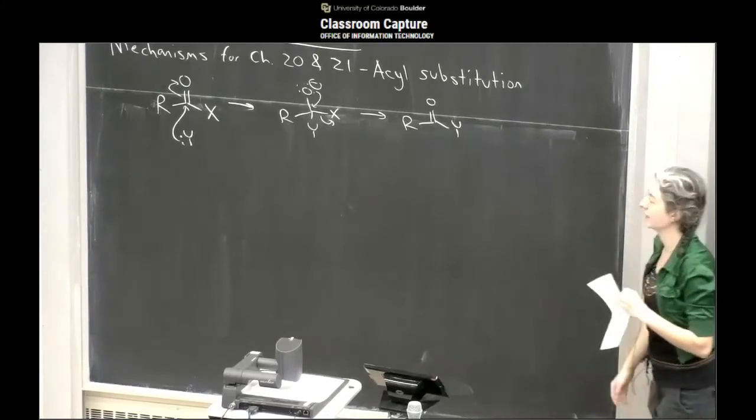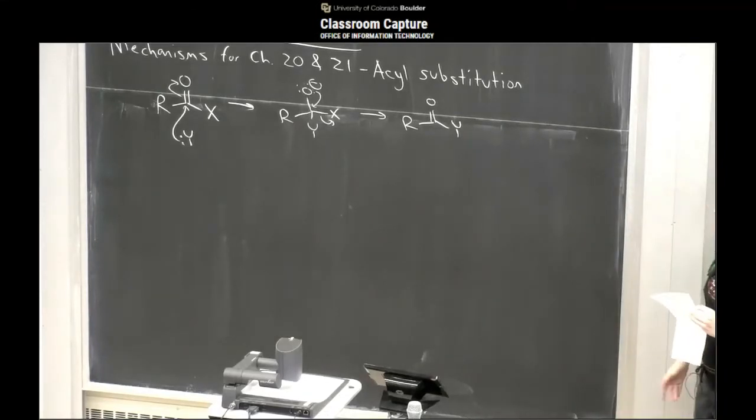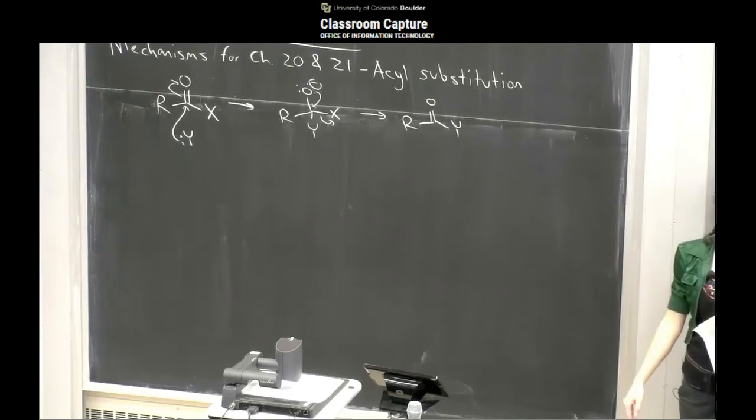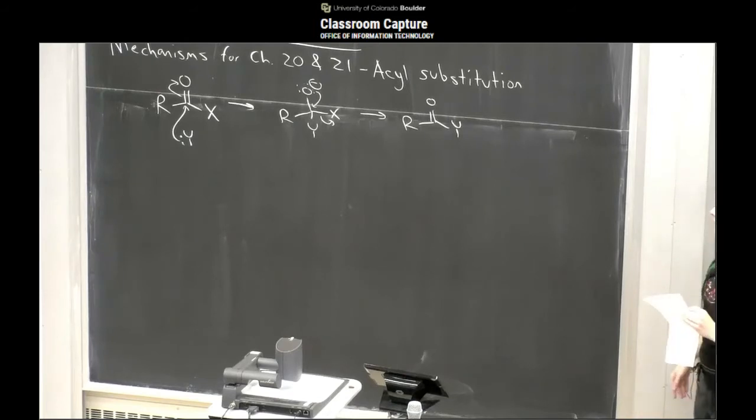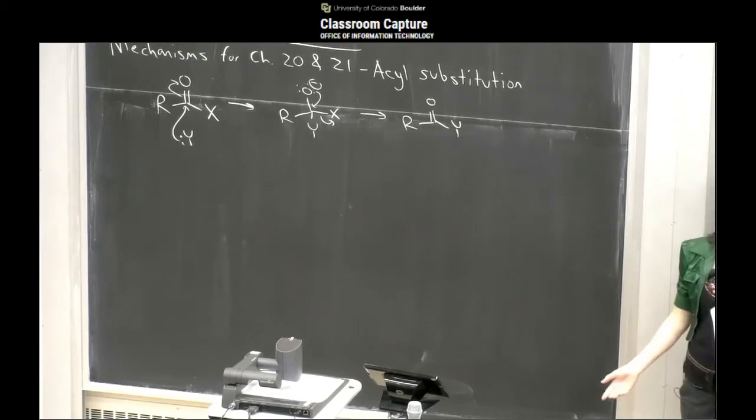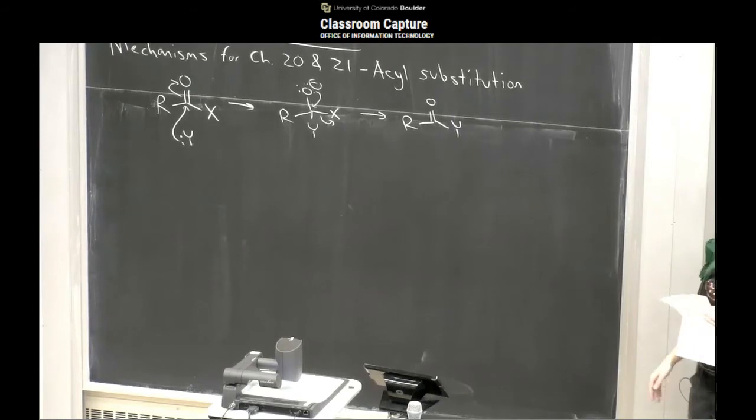As long as you're keeping an eye out for that trend, you can sort out the protonation states based on what is going on in the environment and get something that looks like a reasonable mechanism without really having to memorize any of the individual mechanisms in this chapter, or the next one really. Okay, so questions about that general theme?